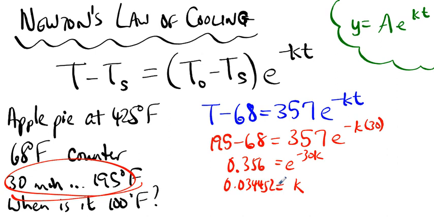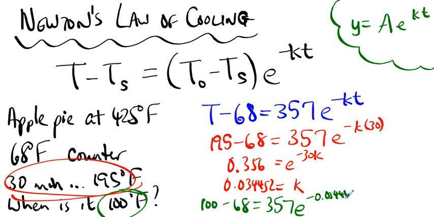We want to know when it's going to be 100 degrees Fahrenheit. Well, 100 minus 68 is 357 times e to the negative all that gobbledygook t, and that can be solved to find t. So 40 minutes after the pie is at 195, it's at 100.